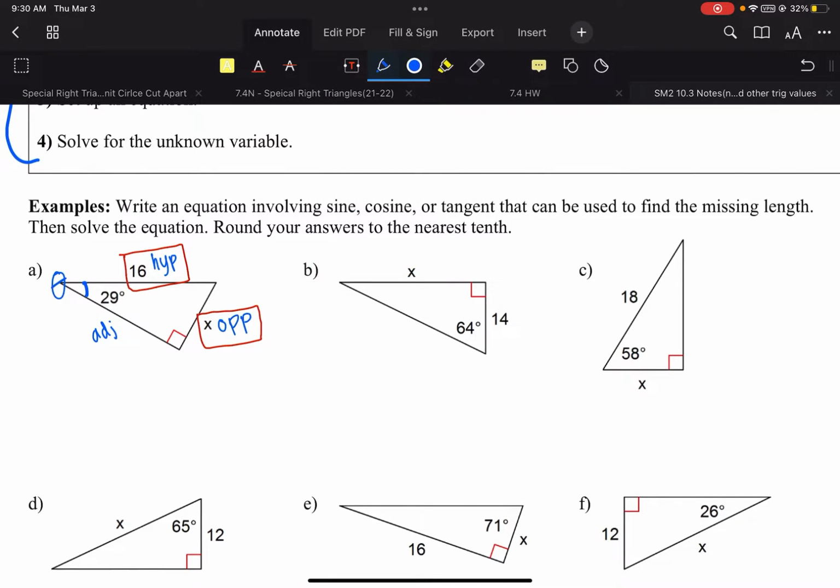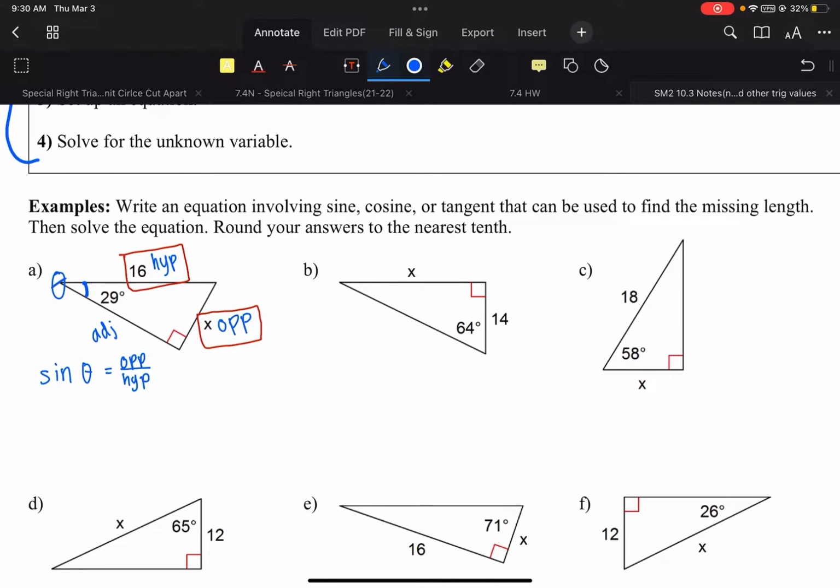I didn't box in the adjacent side because I don't know it, and I don't care about it either. So I'm going to use the opposite and the hypotenuse, which is the sine. I always start by saying the sine of theta is equal to the opposite over the hypotenuse.